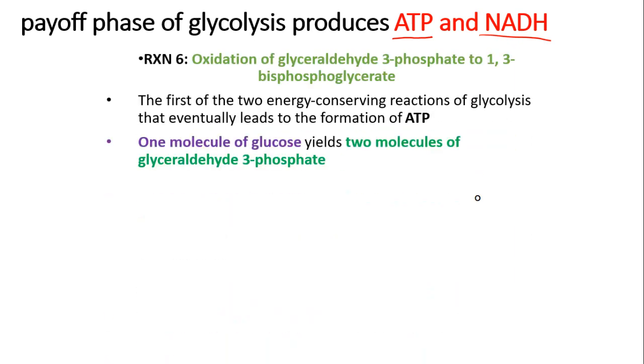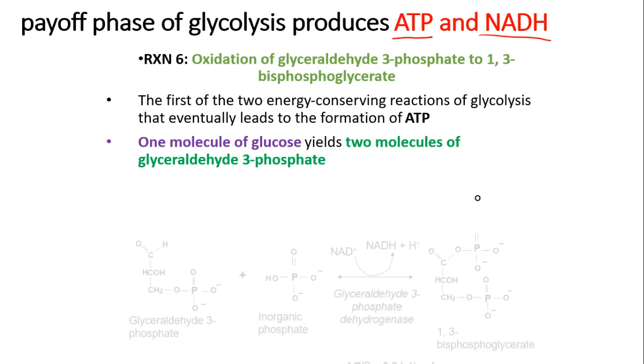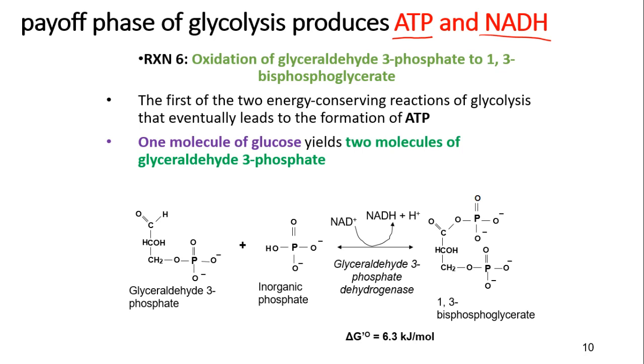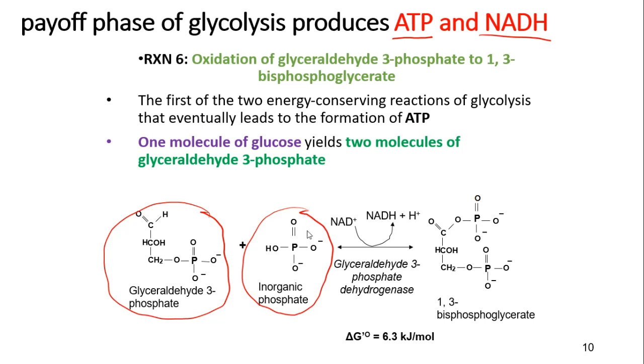Okay, now we need to remember one thing, that this reaction is just involving the oxidation of glyceraldehyde 3-phosphate to 1,3-bisphosphoglycerate, meaning glyceraldehyde 3-phosphate reacts with an inorganic phosphate group. This happens by the presence of glyceraldehyde 3-phosphate dehydrogenase.